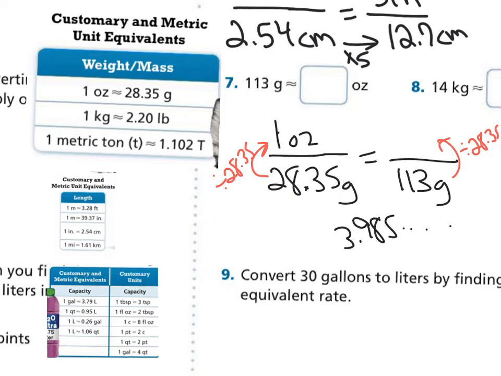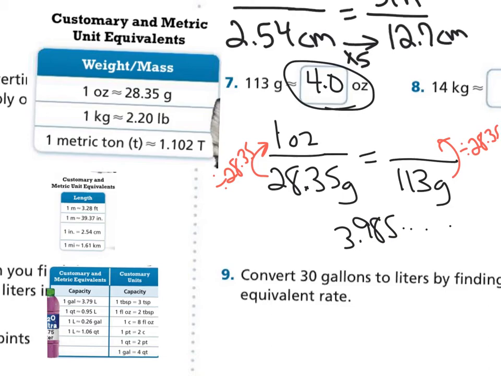So if you think about it, to the nearest tenth, it's between 3.9 and 4.0. It's closer to 4.0, so 4.0 ounces. And you might think, well, why don't we just put 4 ounces? The reason they'll put the 0.0 is just to show that our answer is accurate to the nearest tenth.